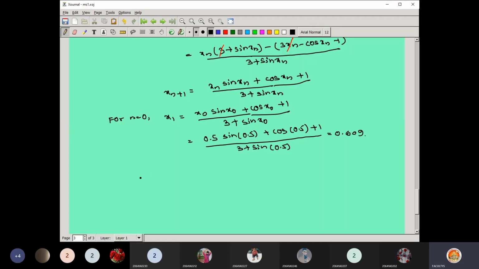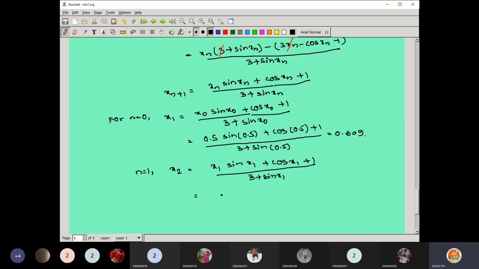So next you are going to n equal to 1. So that it is x2 equal to, in your final formula, (x1 sin of x1 plus cos of x1 plus 1), total divided by (3 plus sin x1).